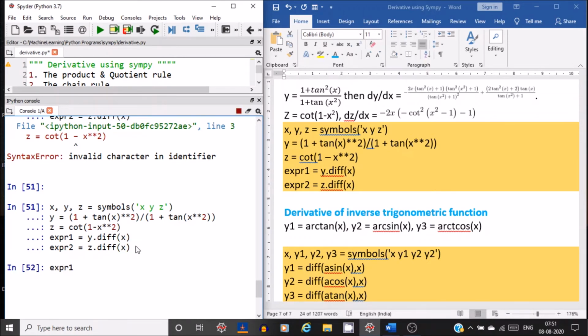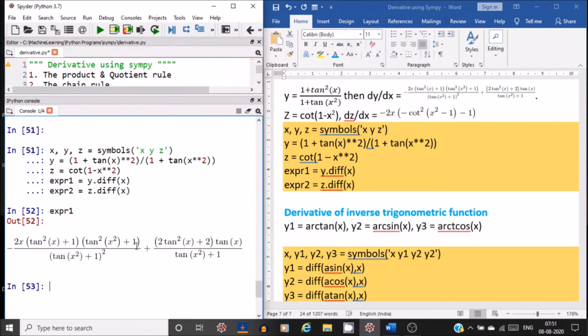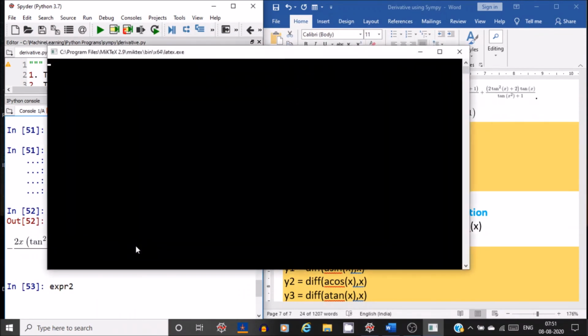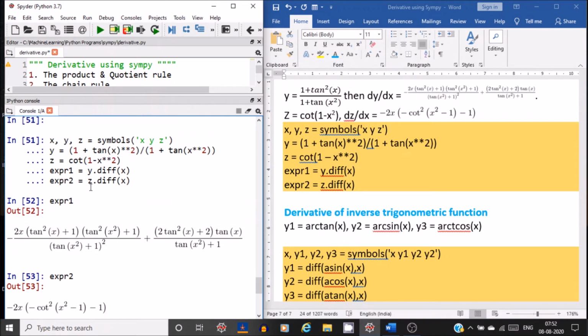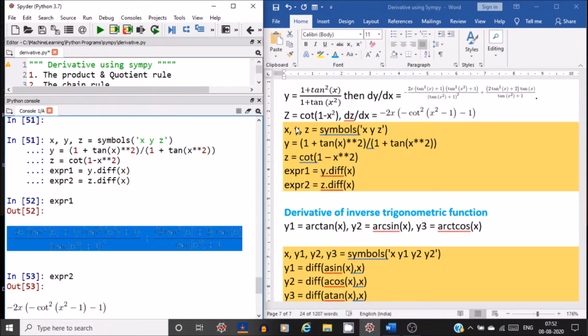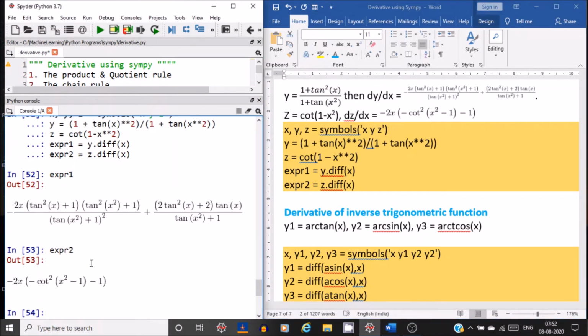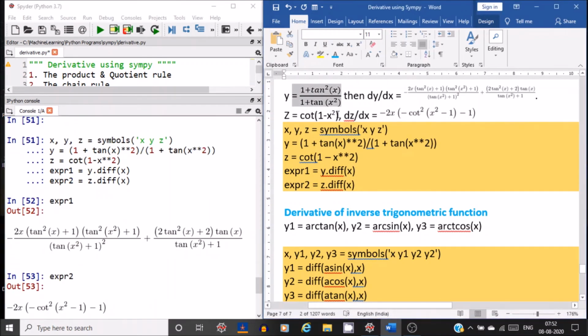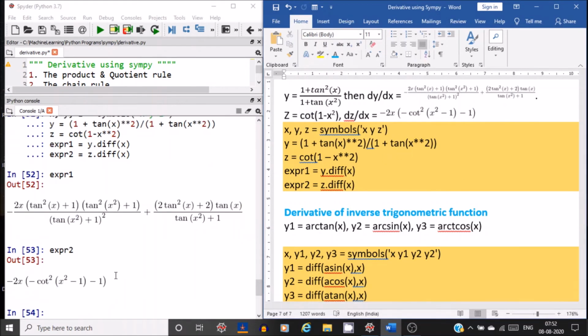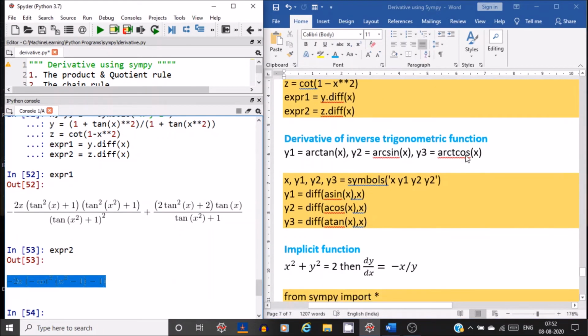So this is expression 1 and this is expression 2. Expression 1 is nothing but our differentiation with respect to x of this particular expression. And expression 2 is differentiating this one with respect to x, and the answer is this one. So easily you can get it.